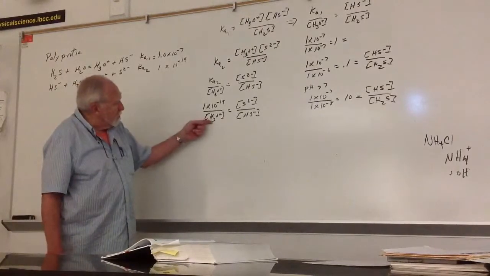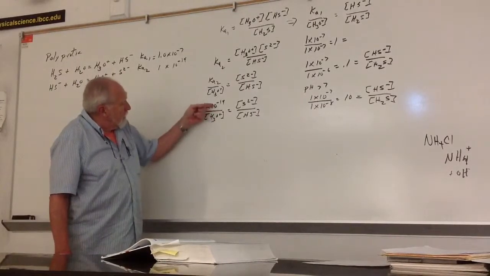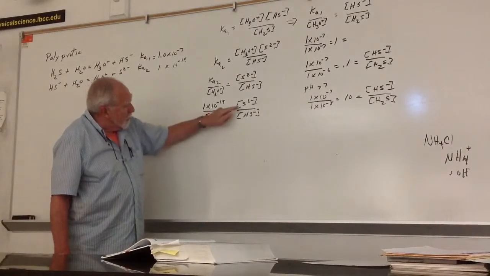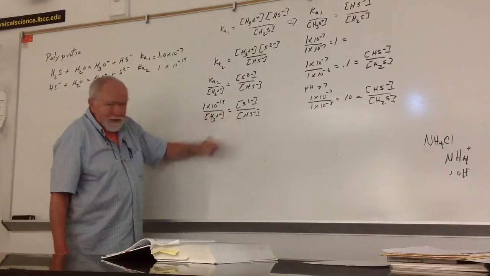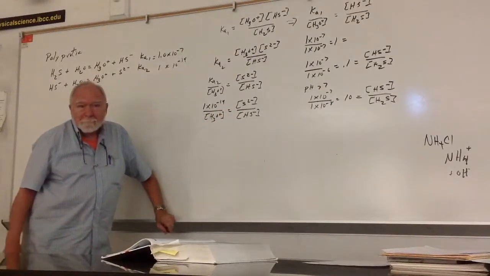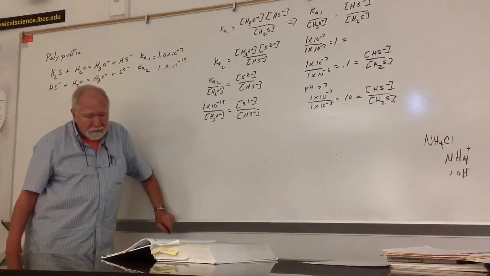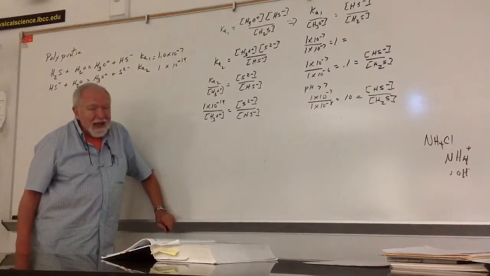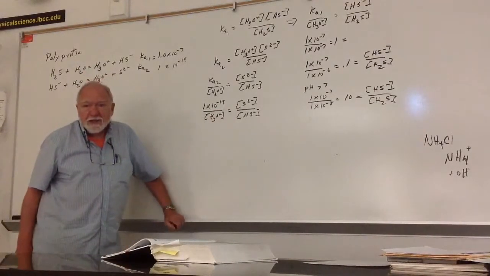And if I put 10 to the minus 7th in here, 10 to the minus 8 for the hydrogen, pH 8, this would make this ratio 10 to the minus 11. That means this is still 10 to the 11th times smaller than this. So HS minus is the principal species, and we basically can't make it basic enough for S2 minus to be the principal species.